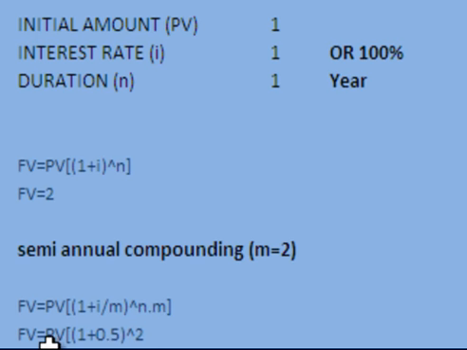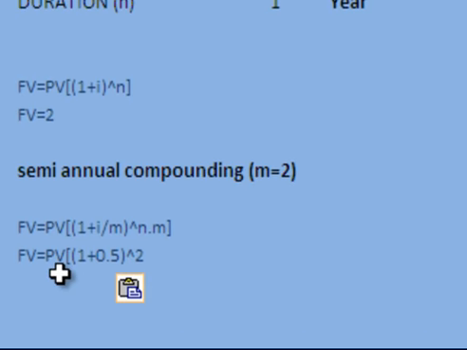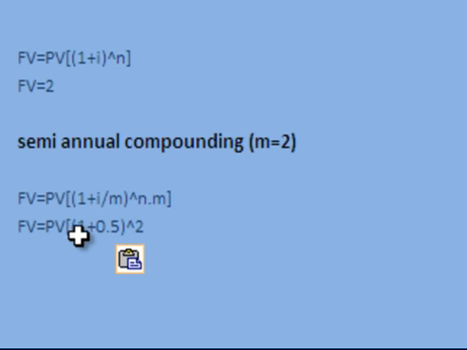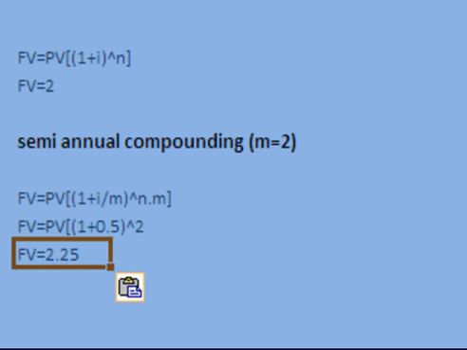So future value equals present value, which is 1, multiplied by (1 plus 0.5) raised to the power 2. Now by solving this equation we can calculate the future value of $1 in case of semi-annual compounding, which equals 2.25.